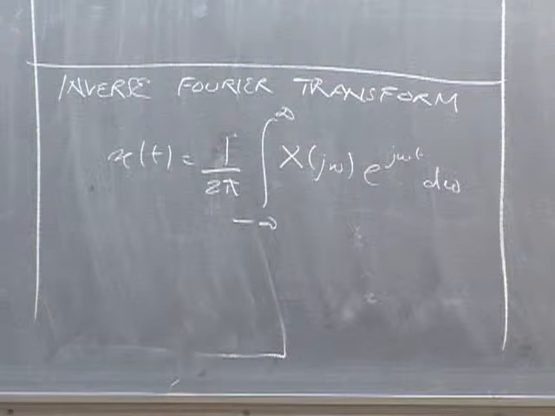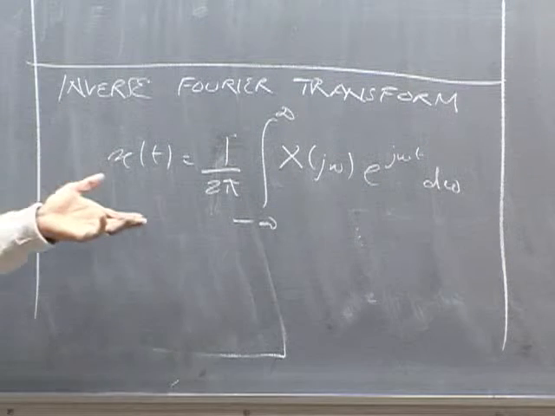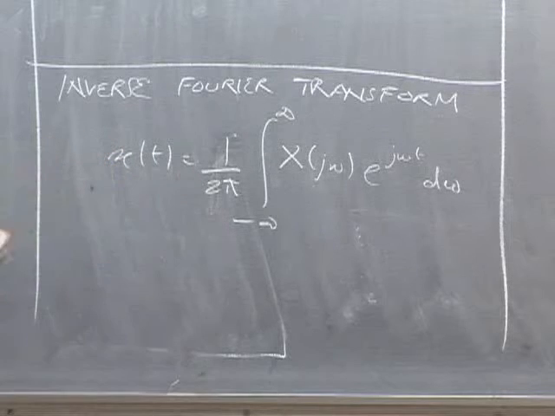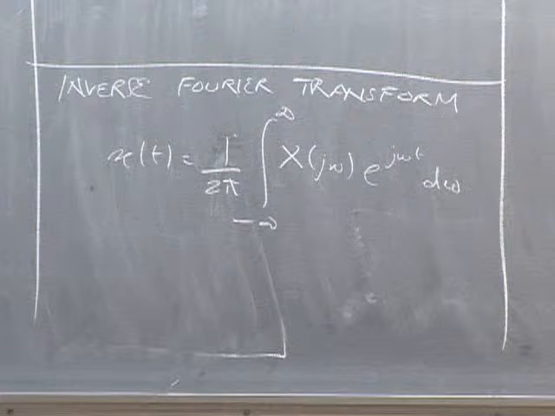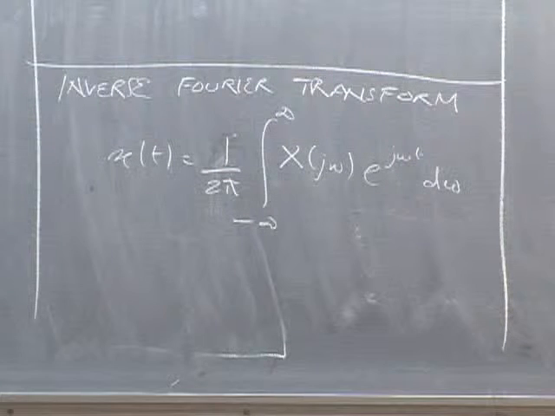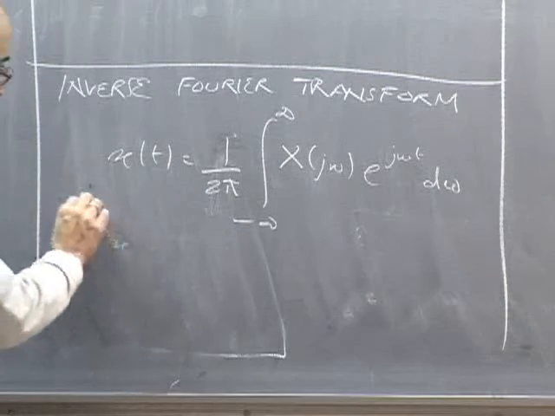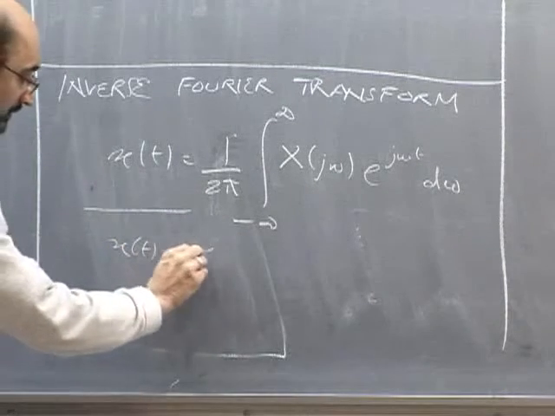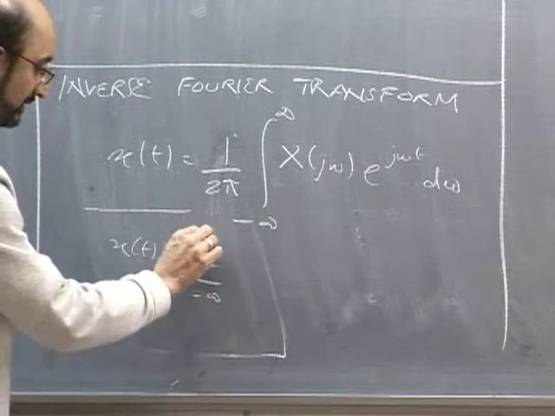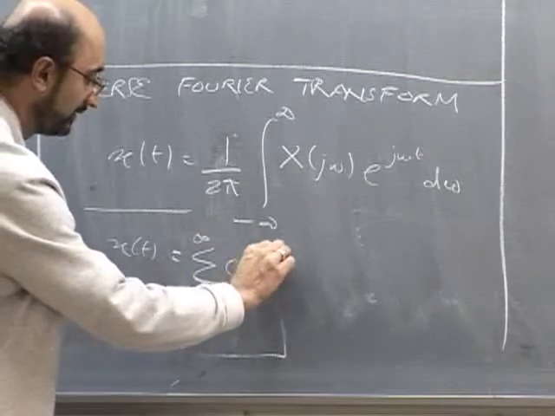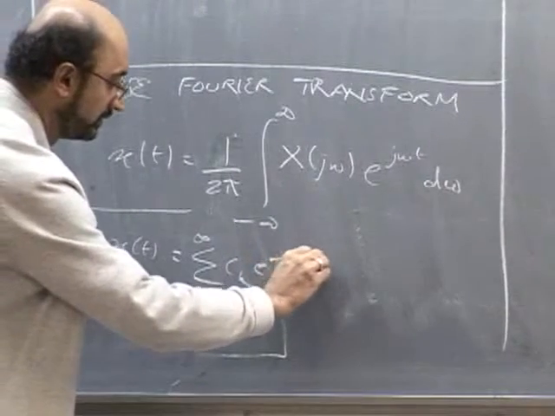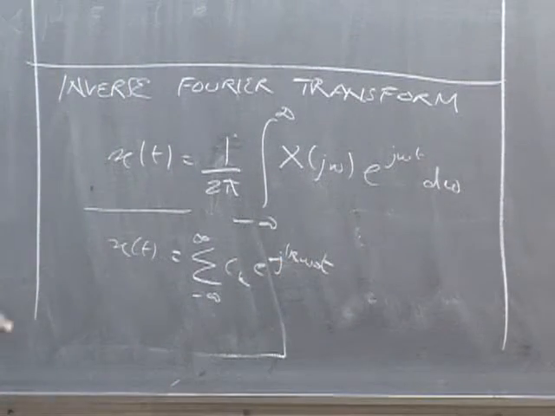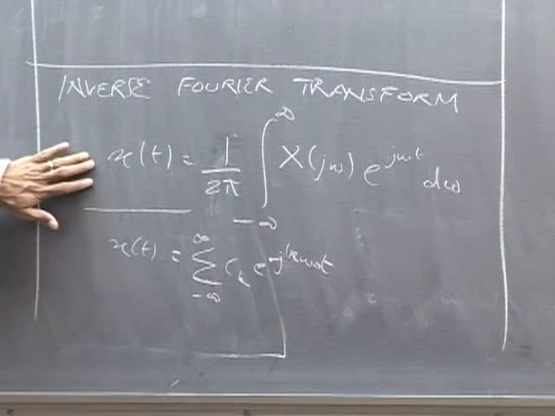And the Fourier series is basically a summation that looks like this as well. There we had essentially c_k multiplied by e^(jkω₀t). So in the Fourier series, we had x(t) equals the summation from minus infinity to infinity of c_k e^(jkω₀t). So what's happening here again is that we're having x(t).